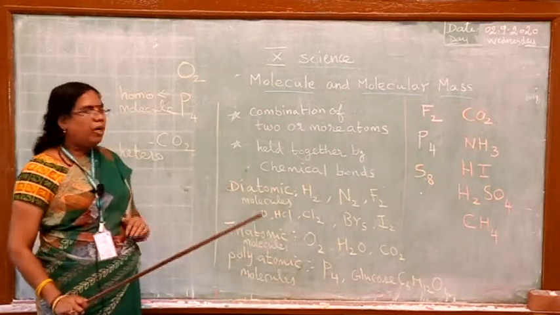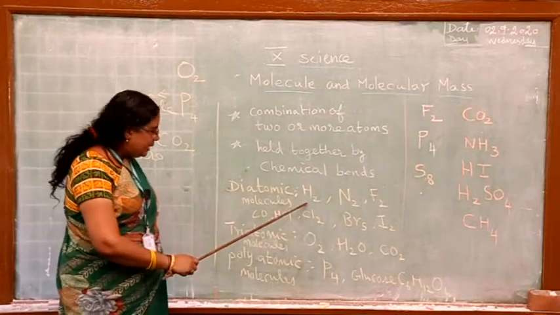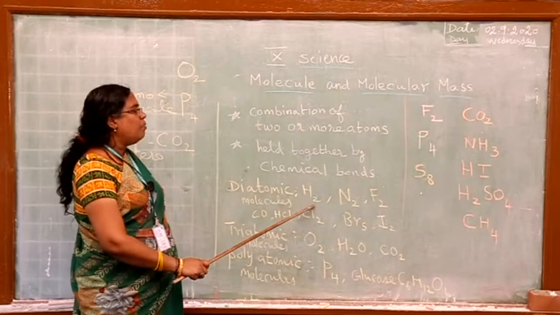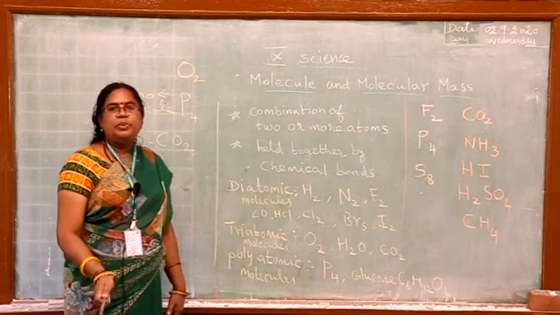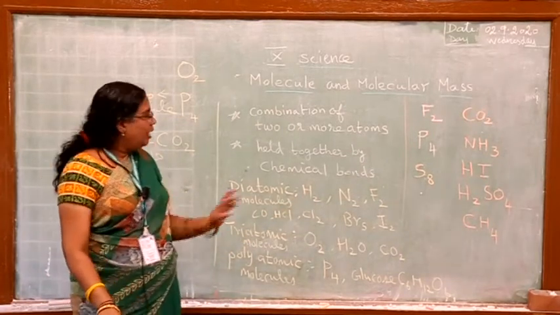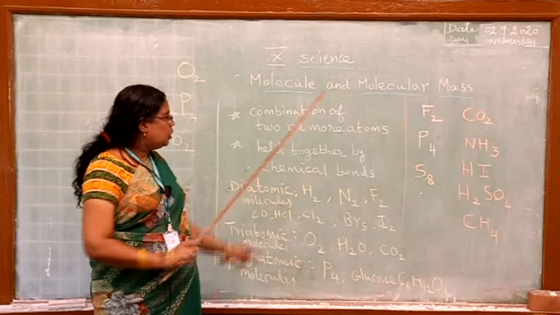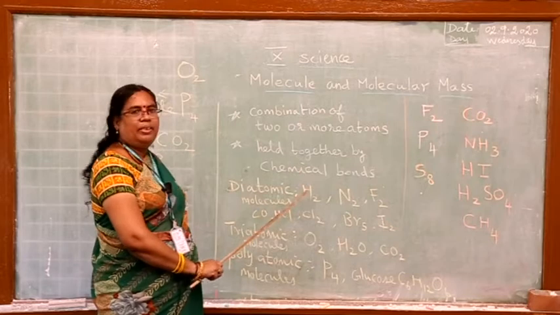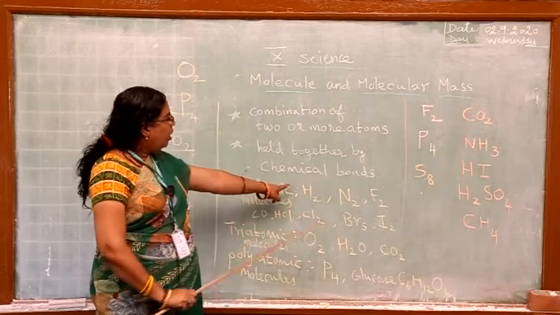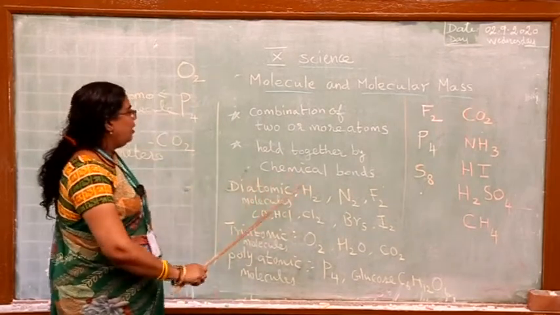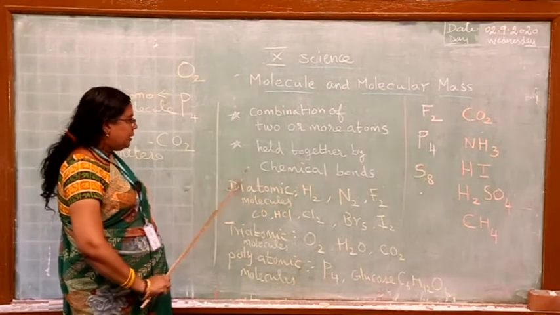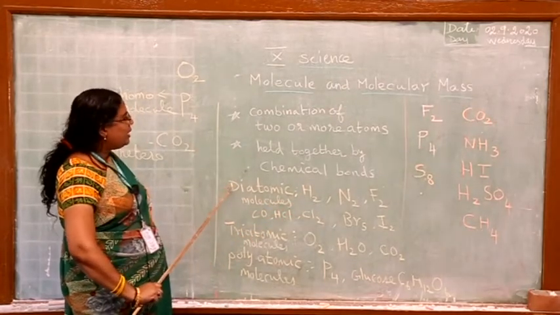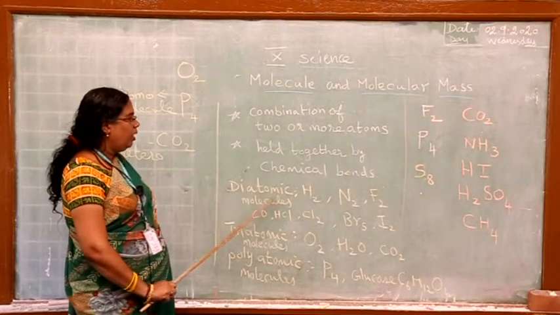So totally what can you say? It is a homo diatomic molecule. Why are we using the word homo? Because though it contains 2 atoms of hydrogen, both are atoms of the same element. So it is called homo, and as it contains 2 atoms, we call it a diatomic molecule.